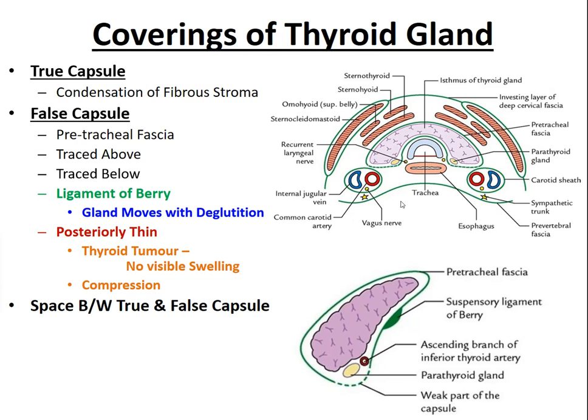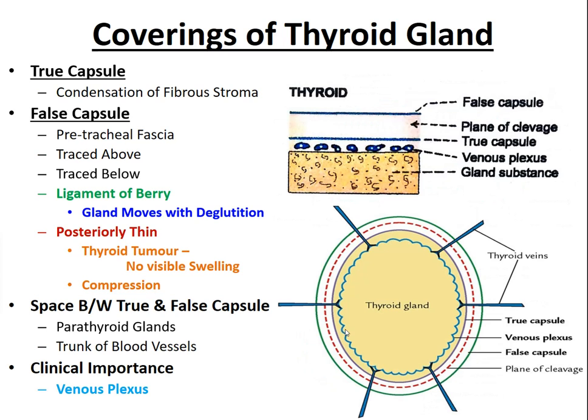Now, between the true and false capsule there lie the parathyroid glands and the trunks of blood vessels, the superior and inferior thyroid arteries, which supply the gland.